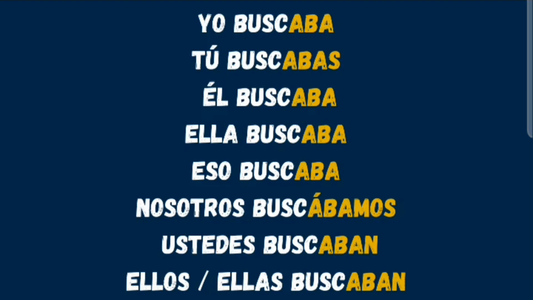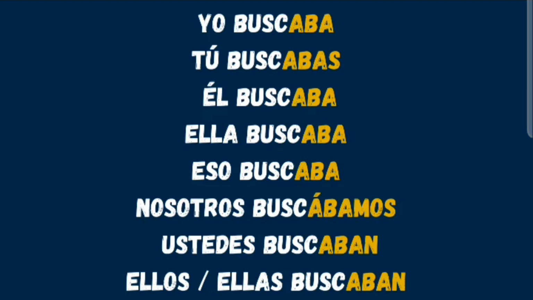Next personal pronoun, we, nosotros buscábamos, with an accent on the letter a, remember. If you're talking about nosotros, the ending in the imperfect past has to be -ábamos. Nosotros buscábamos.